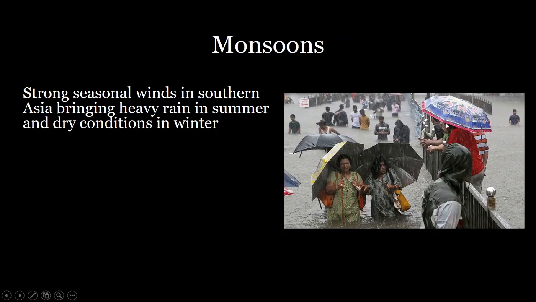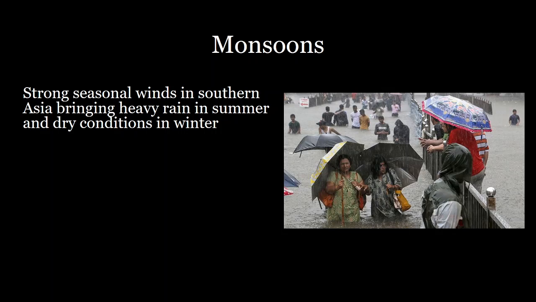Where this has the most significant effect, arguably, is in monsoon areas. So monsoons are strong seasonal winds in southern Asia that can bring heavy rain in summer and dry conditions in winter.